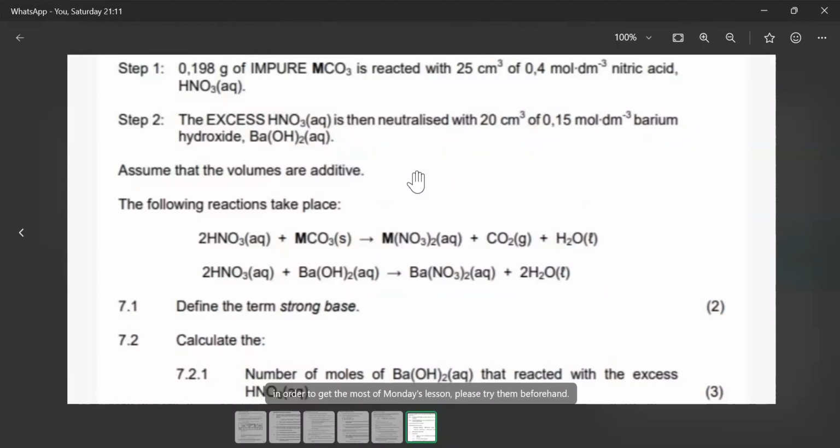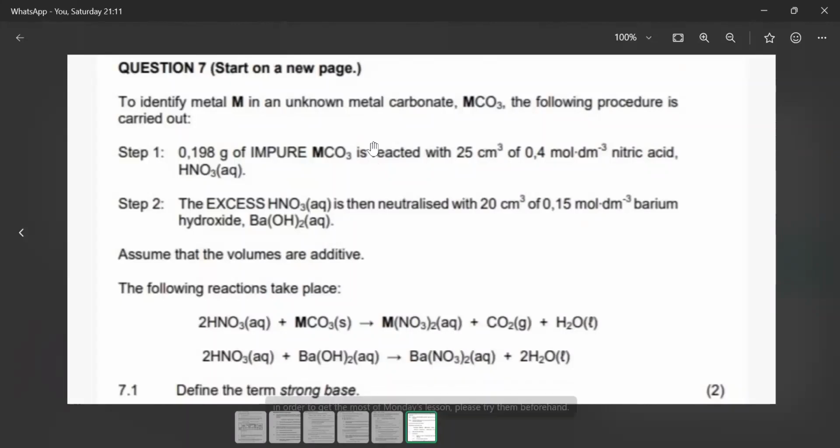And if you remember well, we already know the number of moles in excess for this nitric acid. So we just need to find the number of moles that were available at the start of the reaction. So that knowing those two, we can now easily find the number of moles that reacted, or those that were needed to react with the metal carbonate.